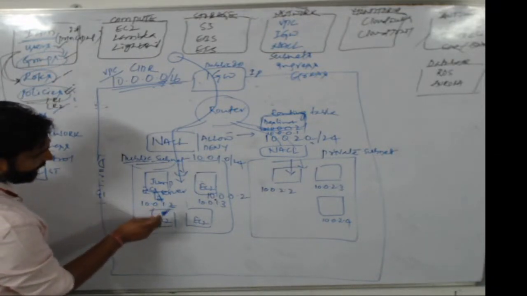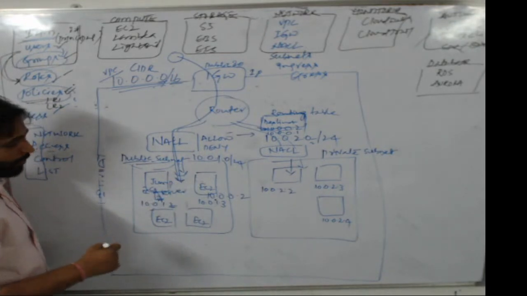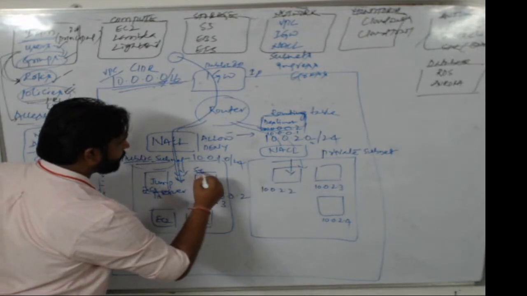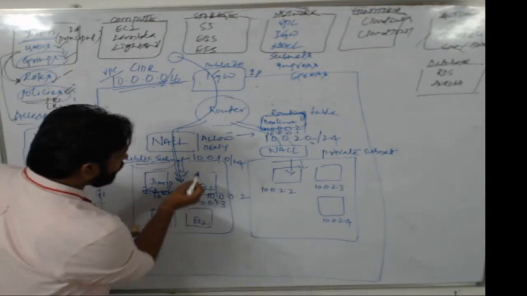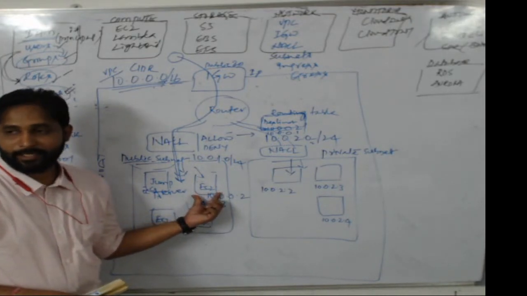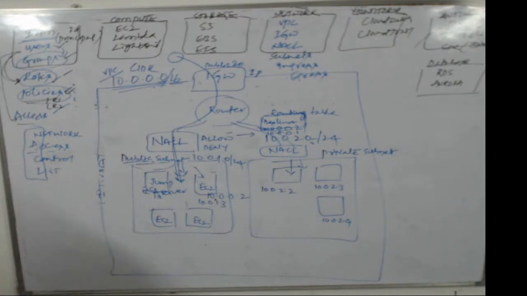So once you have this, now when a request comes inside a subnet, you have another level of protection, a security group. A security group allows or denies access to a particular EC2 instance. So a security group protects the EC2 instance.